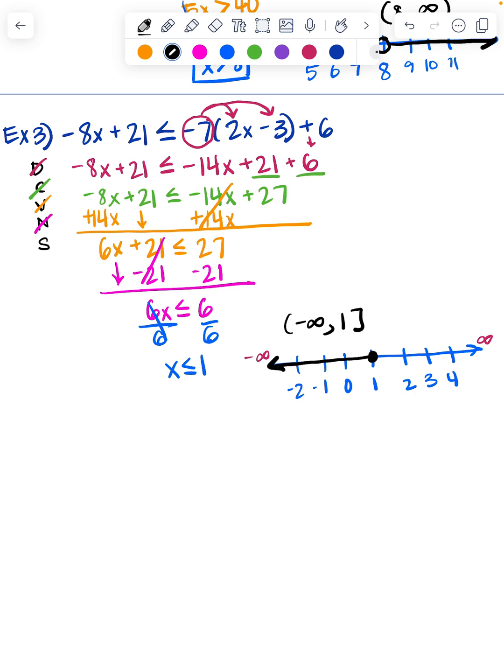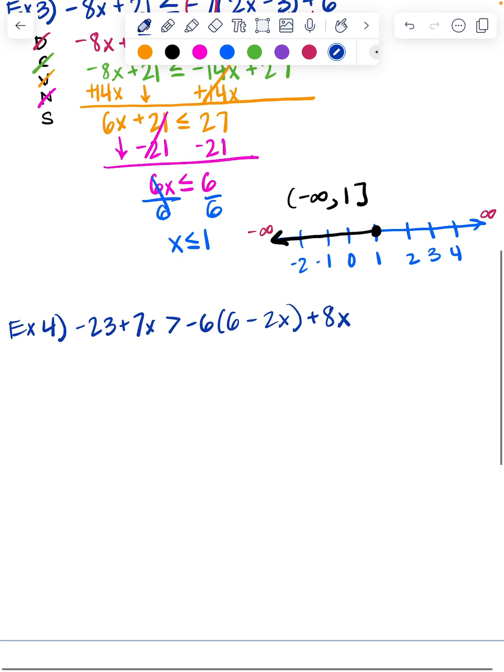Okay, last example for today. Example 4. All right, look for where we can distribute.